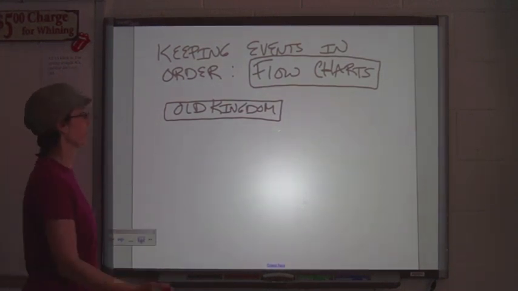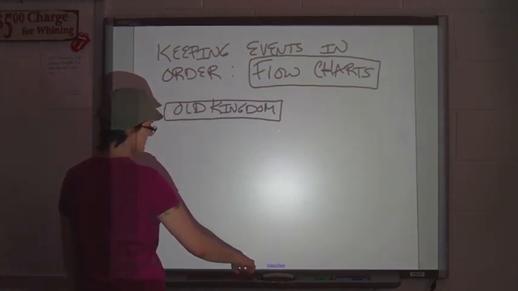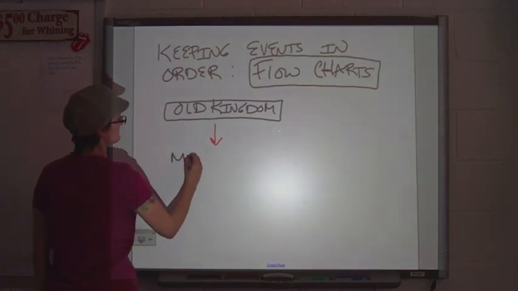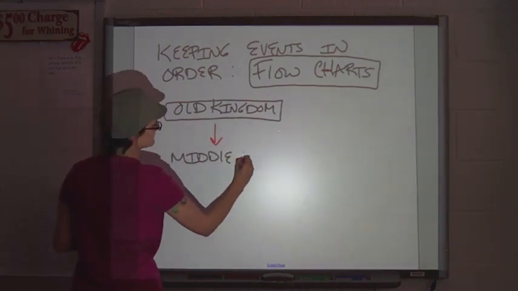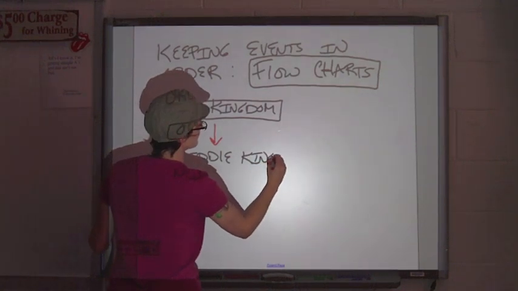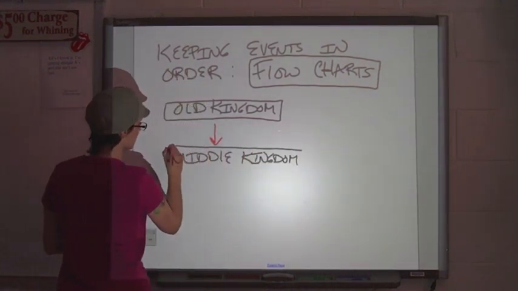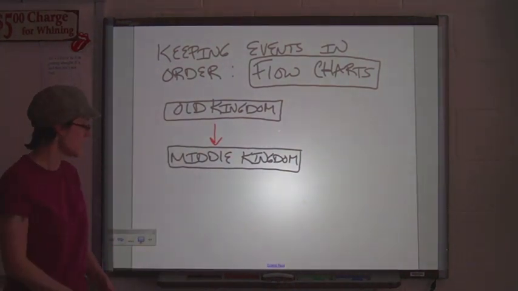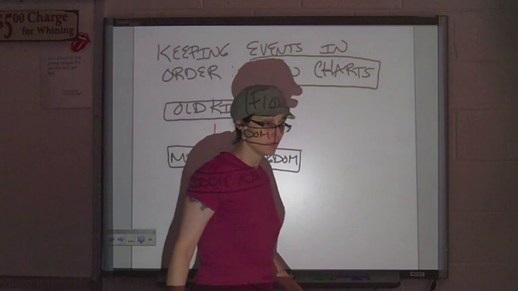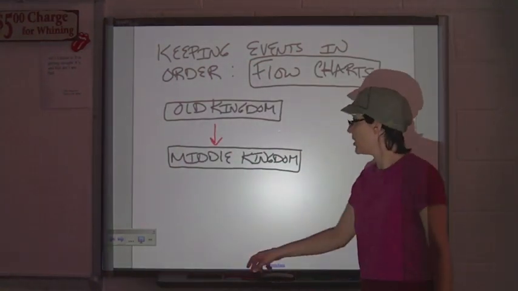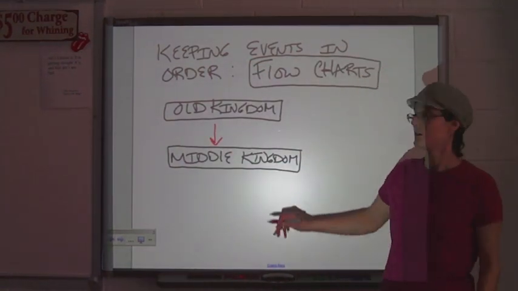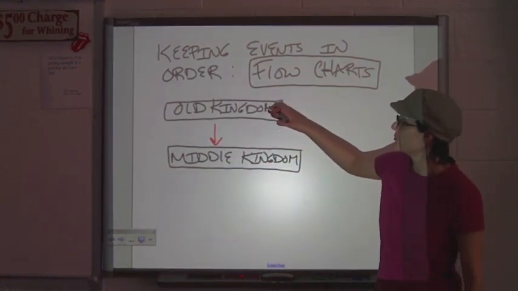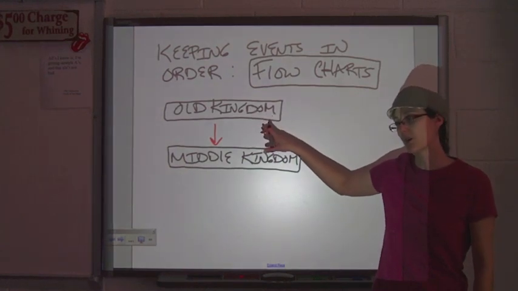So how do we get from the Old Kingdom to the Middle Kingdom? In other words, what's this arrow doing here? Now, if we want to pinpoint what happened, what we can say is, for this kind of between here, what's the transition, that we have some weak Old Kingdom pharaohs who are losing power.